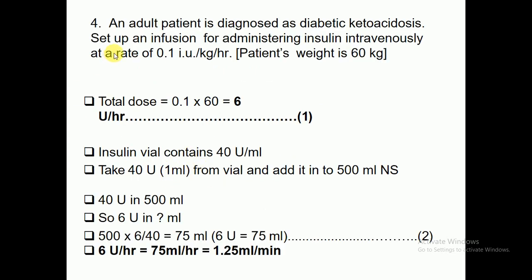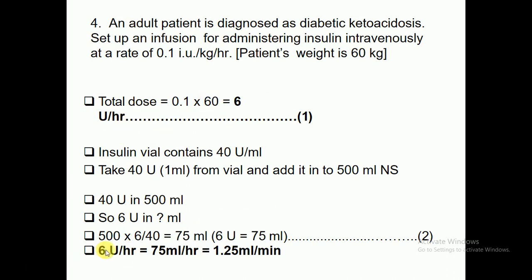What was the question? Set up an infusion for administering insulin intravenously at the rate of 0.1 IU per kg per hour. In the first step we calculated the total dose, which becomes 6 units per hour.